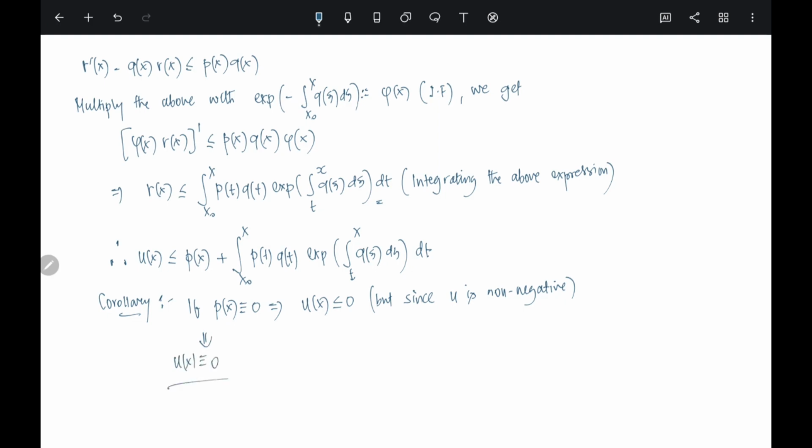Clear? Now there is another corollary which I am writing without proof. What I need you to do is please check this corollary. You have to do it yourself.